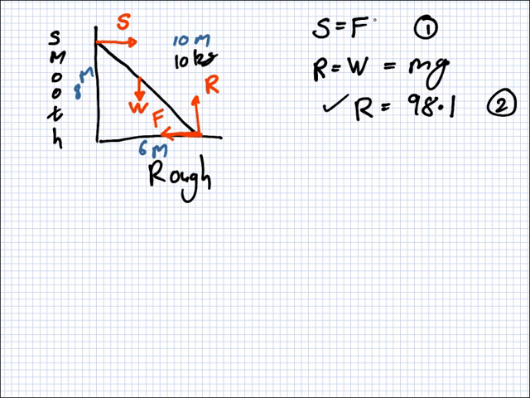For the third equation, we can use the turning force. What would be a good turning point to use? Why did you pick that one? Because there are two forces. So is this one clockwise or anticlockwise? Clockwise. Now there's a problem.